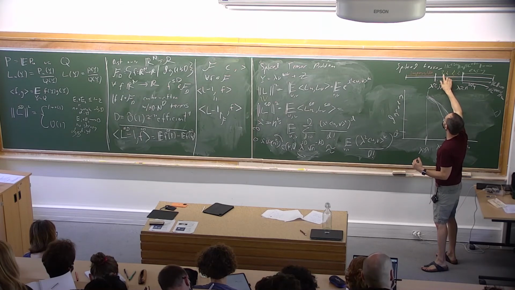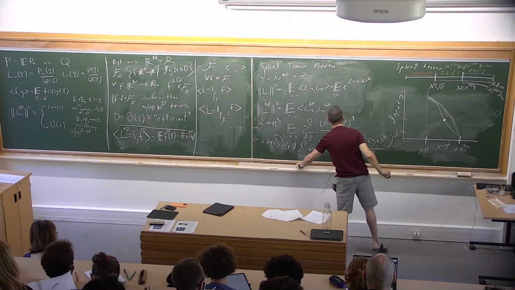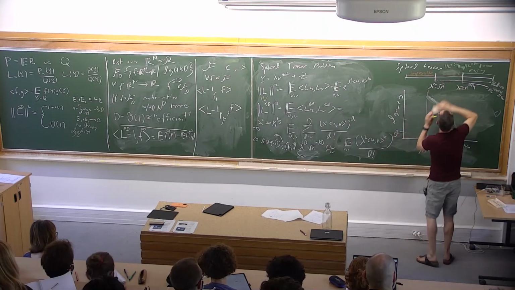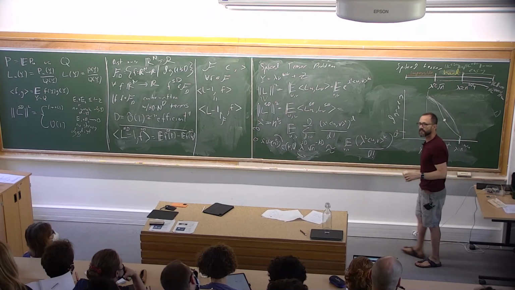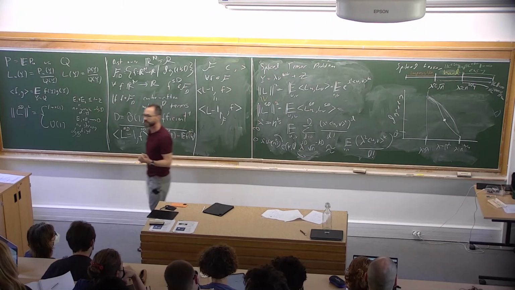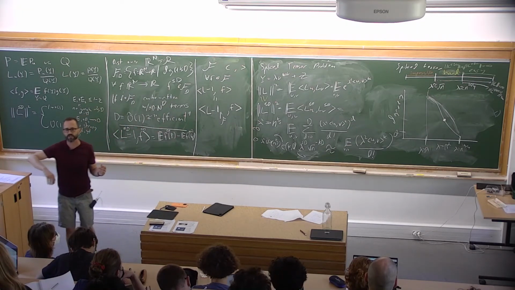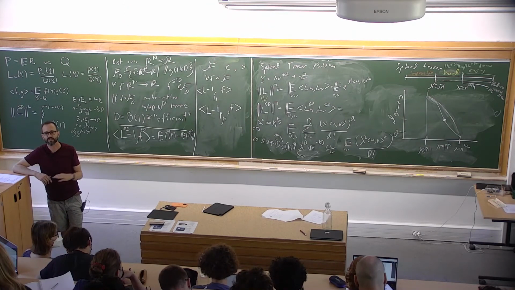If you buy the low degree philosophy, then this phase is hard, because no low degree algorithm can distinguish in this phase.